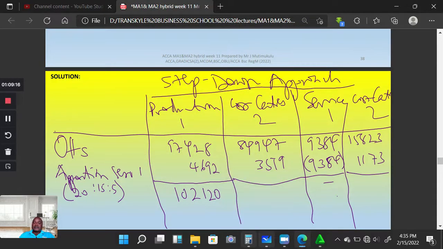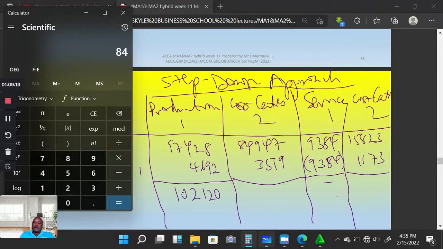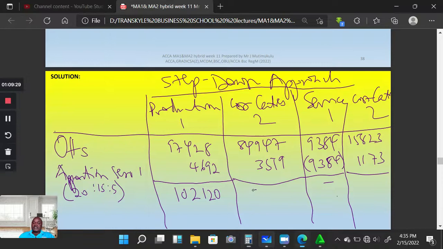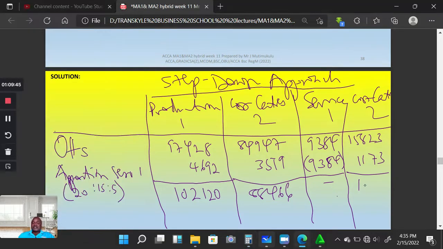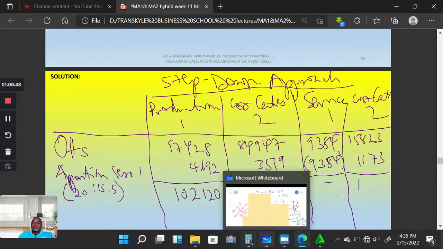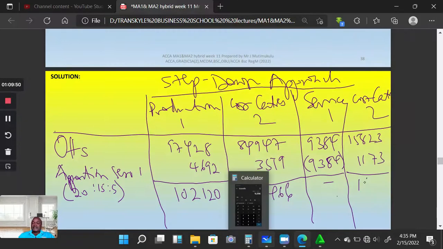Then we have 84947 plus 3519. We get 88466. Here there is a 0. Then we go to the last column. We've got 15823 plus 1173. That's 16996.